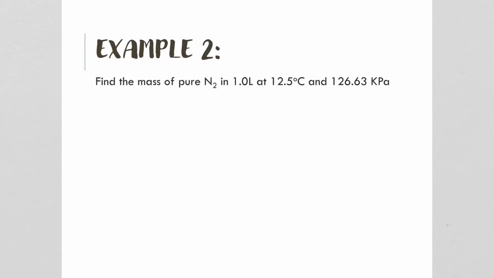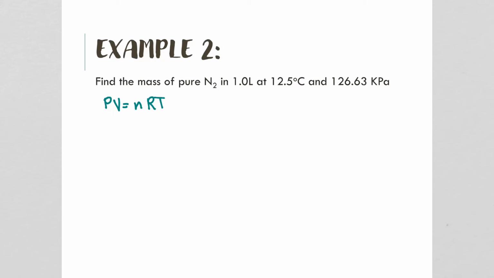So in our next example, we can use the ideal gas law to find the moles of nitrogen, to find out the mass of nitrogen in 1 liter. It says find the mass of nitrogen in 1 liter at 12.5 degrees Celsius and at 126.63 kilopascals. So first off, we put our equation PV equals nRT.